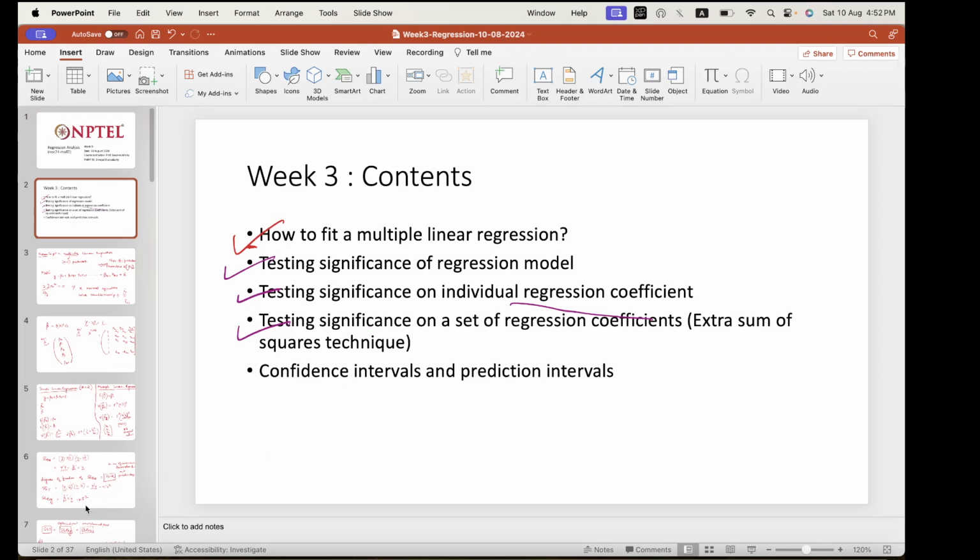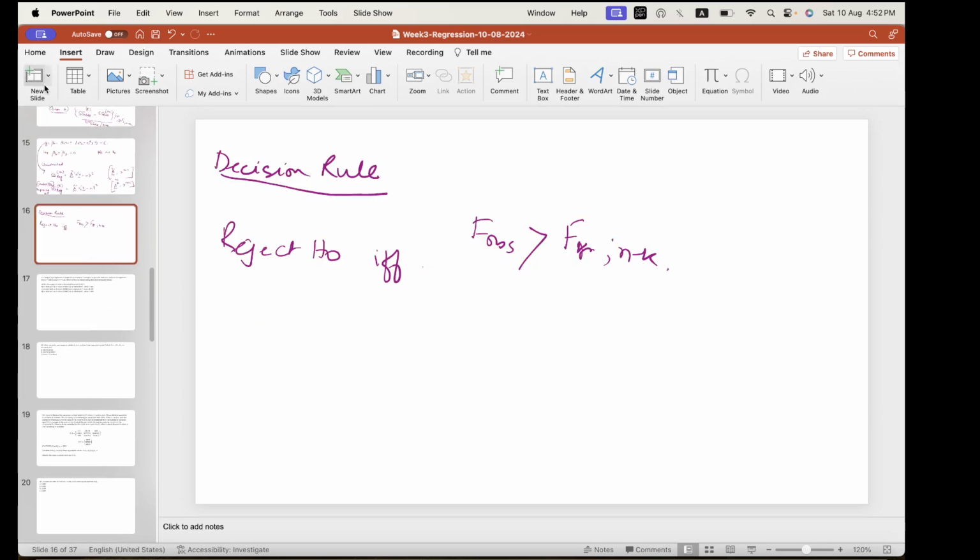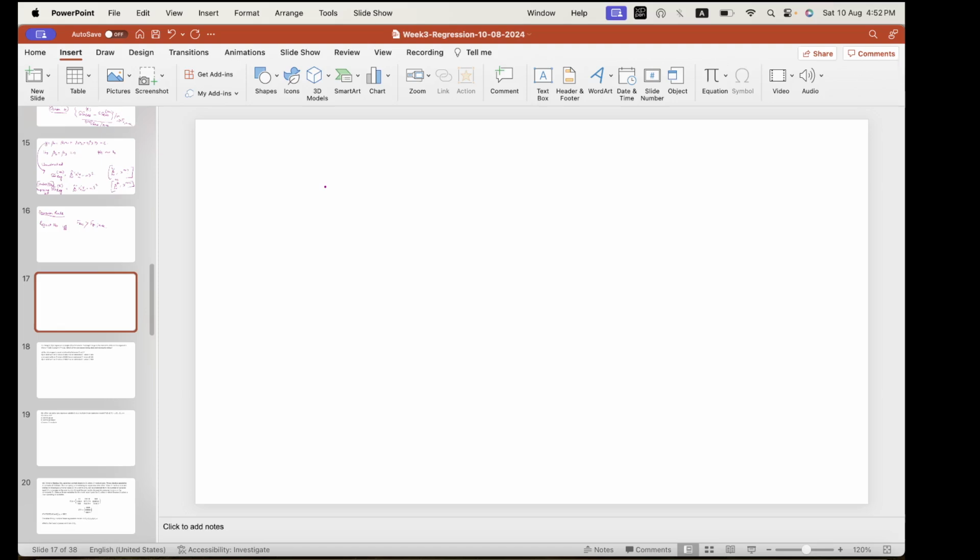Okay, just to touch up briefly, we know that beta hat is X prime X inverse X prime y. Okay, and variance of beta hat we have seen would be sigma square X prime X inverse.